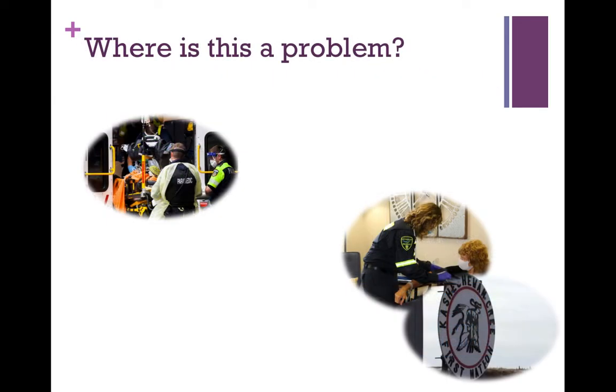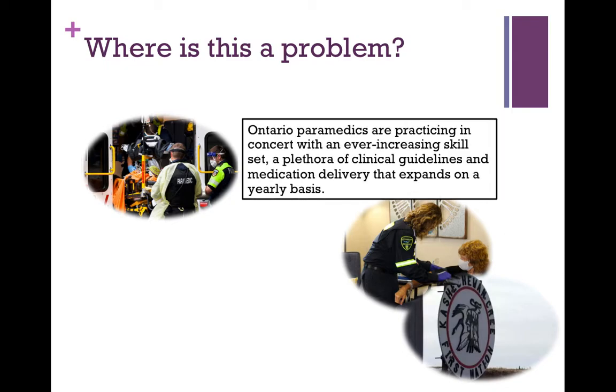So let's discuss where this is a problem. The paramedic skill set and scope of practice has displayed exponential growth in the last 15 to 20 years. Yearly updates to skill sets, guidelines, and medications that can be delivered at scene highlights the dynamic way in which a patient may interact or have an adverse event with the paramedic.